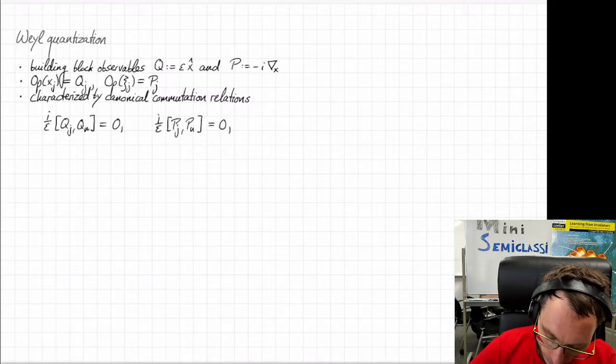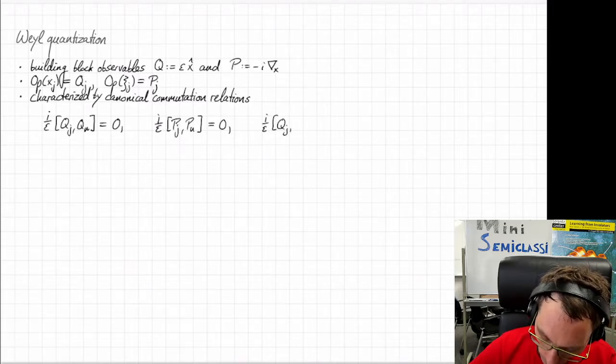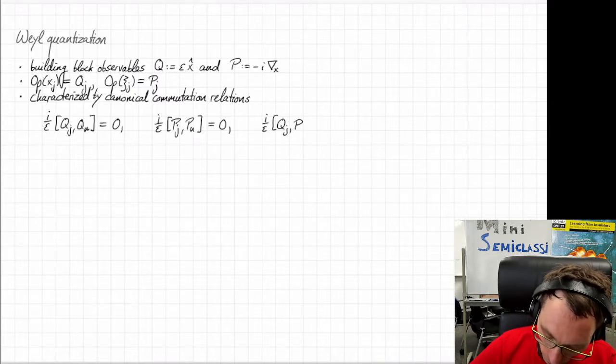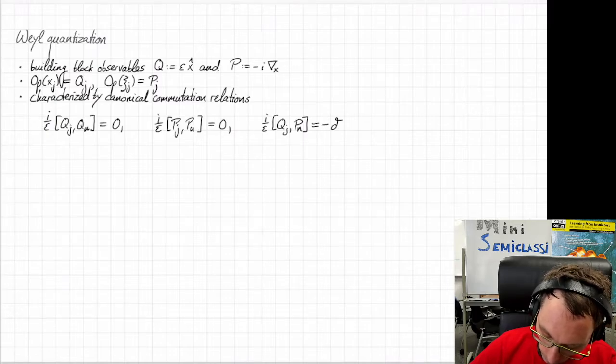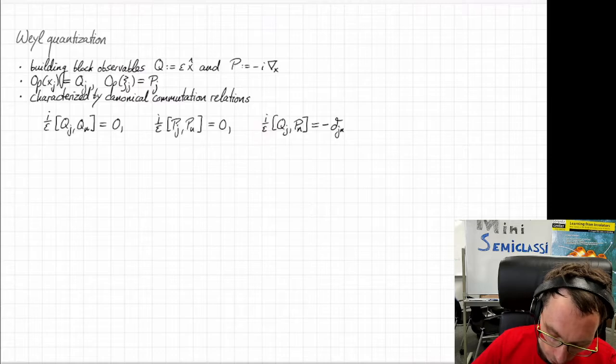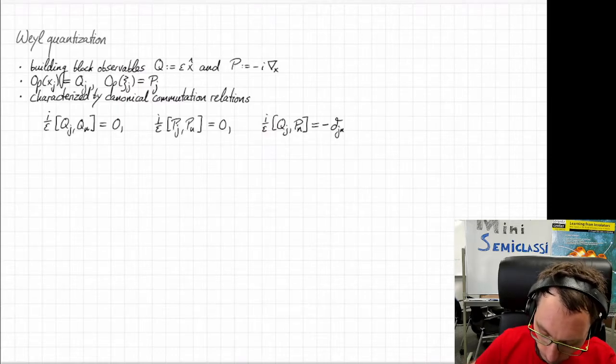And if you look at position and momenta along the same direction, then they no longer commute. And because I put the prefactor i divided by epsilon in front of the commutator, for reasons that will become clear in just a second, I get minus delta jn. So I get a minus here, and there the epsilon is absent on the right hand side because I've pushed it on the left hand side.